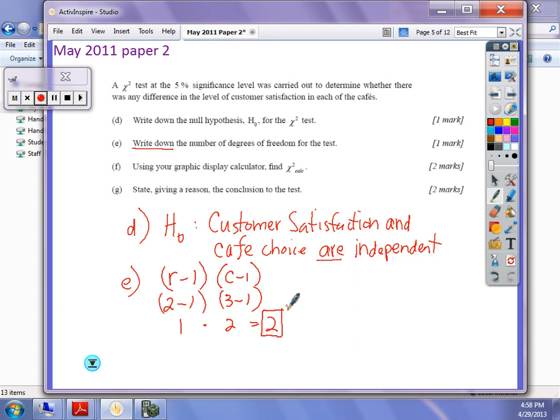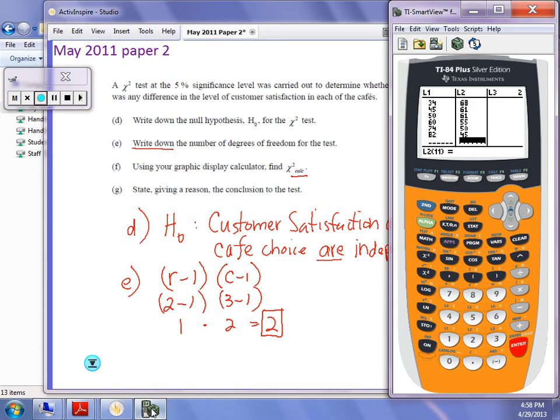Now, in F, using your GDC, your graphic display calculator, find the calculated chi-squared value. Let's remember how to do this. In your calculator, you want to use the matrix function. So you will go to second and hit the fourth button down on the left. That's matrix.